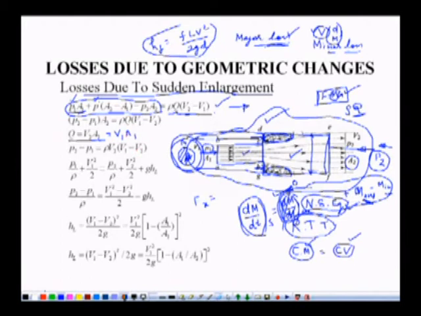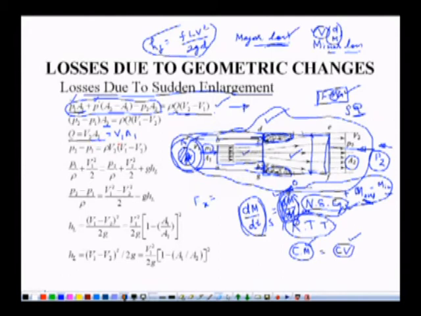So further we can manipulate this equation. P2 minus P1 is equal to rho q, q is equal to V2 A2 or V1 A1. So you can select any one. Here we have selected V2, and since here we had selected A2, it is better to select this V2 A2.